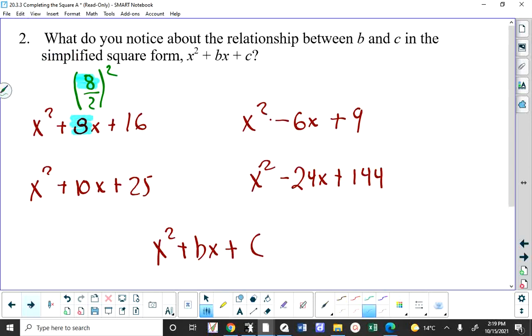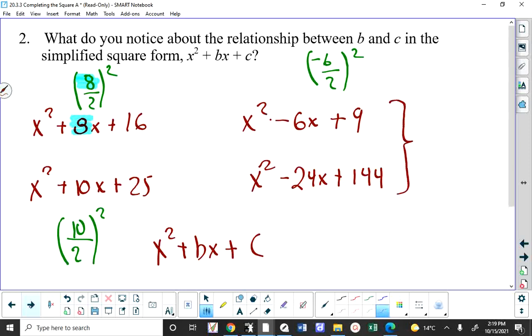If I try that here, 10 divided by 2 squared, well, half of 10 is 5. 5 squared is 25. Negative 6 divided by 2 squared. Negative 6 divided by 2 is negative 3, but when I square it, it becomes 9. This is very, very important. Before I write this down for you, I want you to remember that these are all perfect squares.